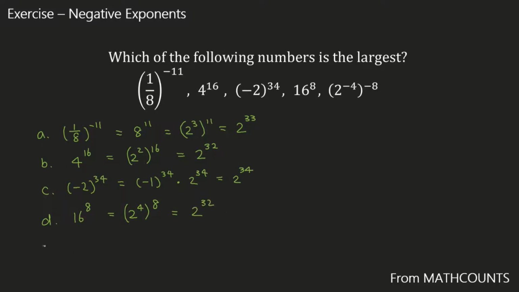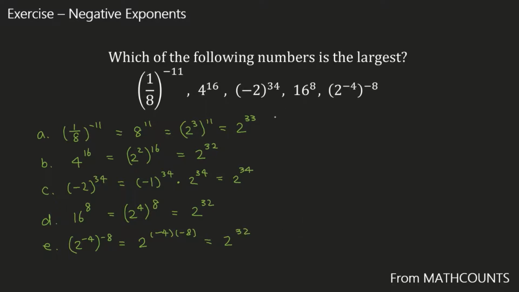And the last one, we have 2 raised to the negative 4. This whole thing raised to the negative 8th power. This is the same as 2 raised to the negative 4 multiplied by negative 8th power. And that is equivalent to 2 raised to the 32nd power.